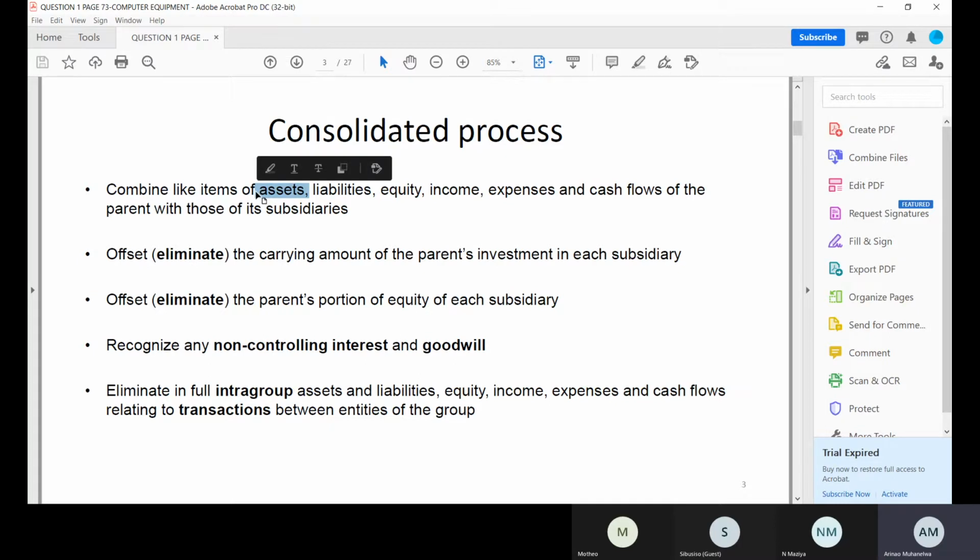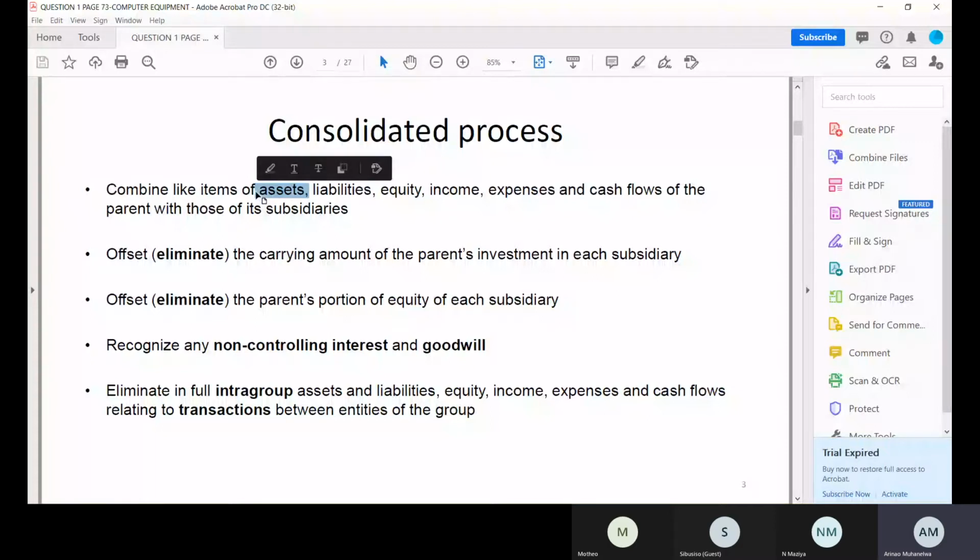If I have the financial statements of a parent as well as the subsidiary, I go to the asset section, and if the parent has assets, I combine them with the assets of the subsidiary. That's the easiest way, which I believe you're going to use in the last assessment. Make sure that if there's a consolidation question, you start by combining the like items before you do any adjustment.